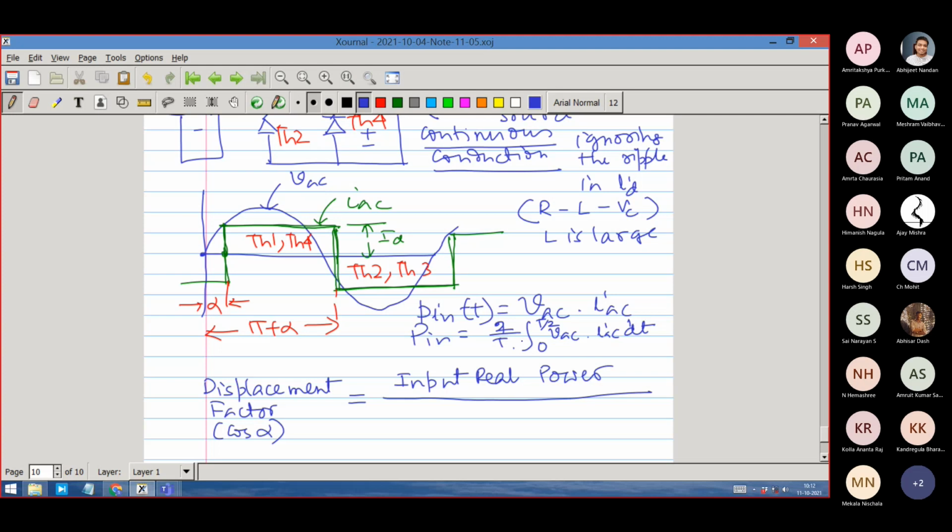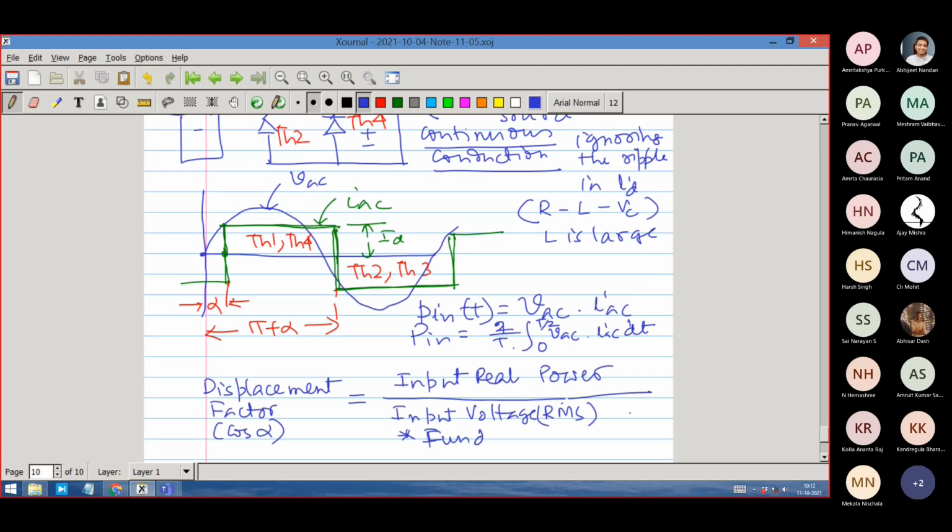Input real power divided by the input voltage RMS value into the fundamental component of input current.